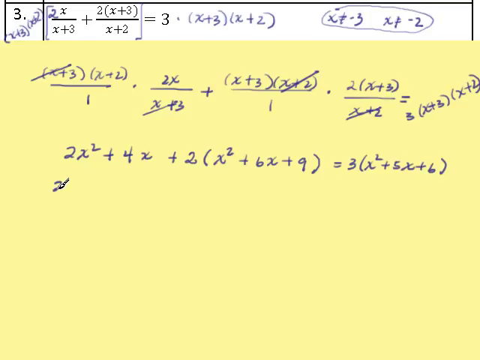All right, let's open up those parentheses. First, multiplying by 2, 2x squared plus 12x plus 18. And on the right, multiplying by 3, 3x squared plus 15x plus 18. Now subtract 18 from both sides. That's easy to do.